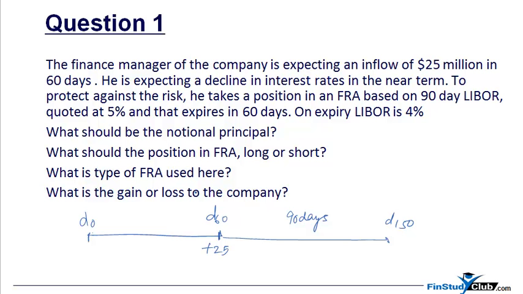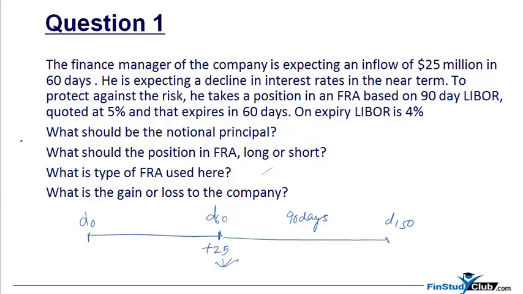What's the type of FRA? We need to know the convention by way of which we represent FRA, and what's the gain or loss to the company. That's something that we would try to calculate based on our comparison between the FRA rate, which is 5%, and finally what the LIBOR turns out to be at this point of time.